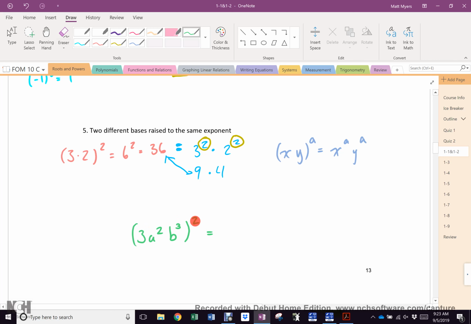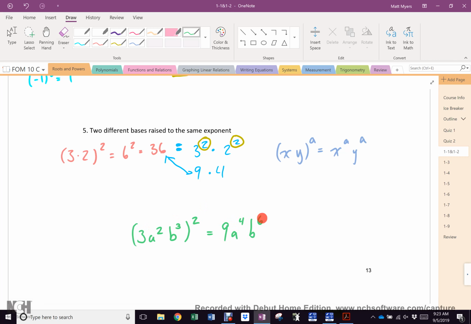Would we leave it as 3 squared? No, it's simplified to 9. So 9a to the 4th, b to the 6th. Is everybody cool?